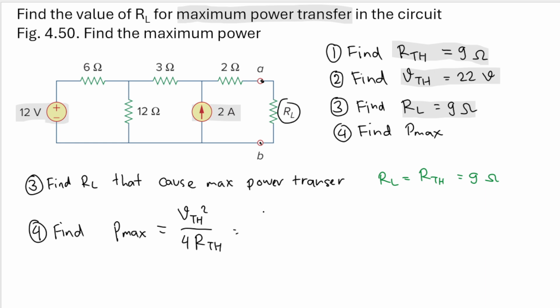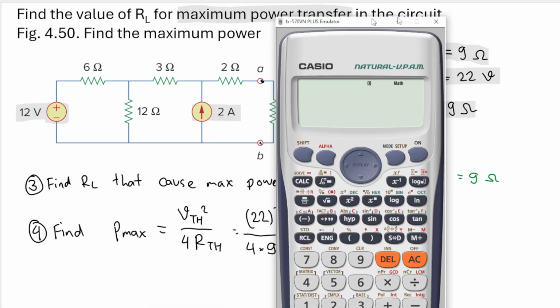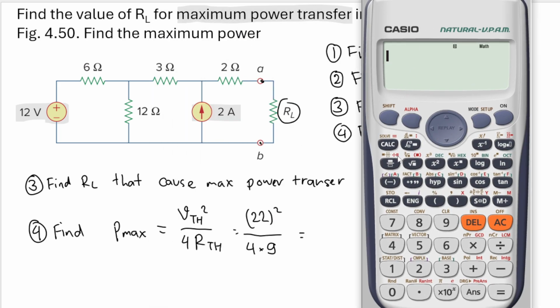VTH is 22 volt, and that will be squared, and then divided by 4 multiplied by RTH. RTH is 9. Good. And I think this is the task of our calculator. Let's get our calculator ready, and we can just plug in the numbers.